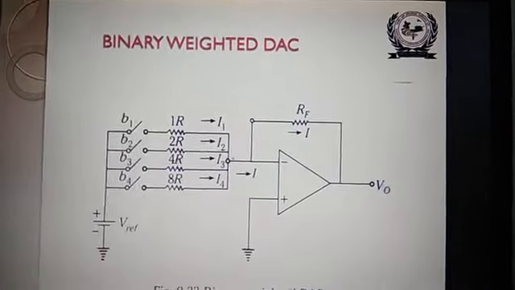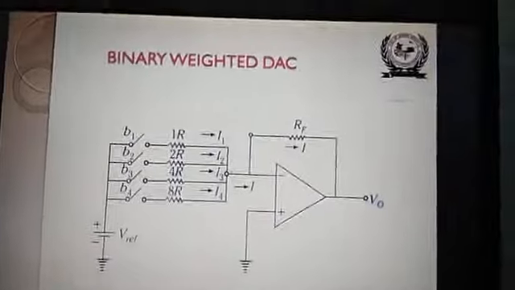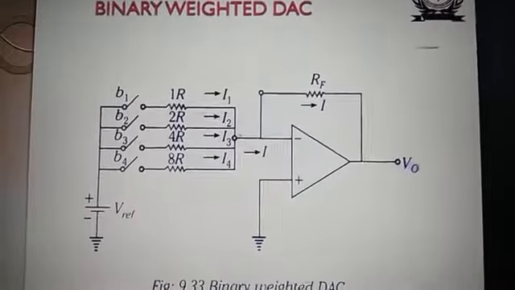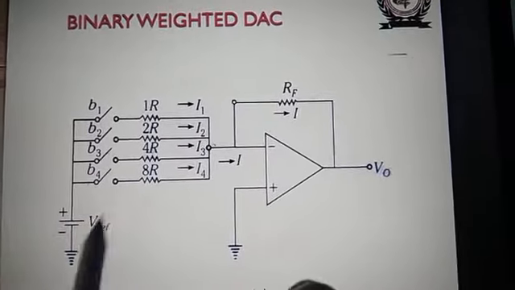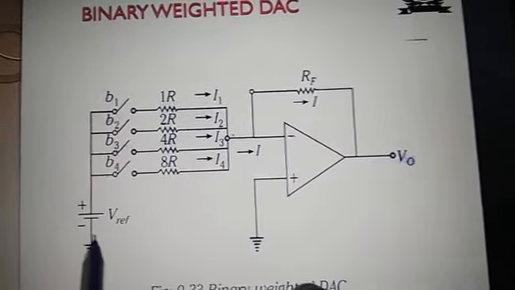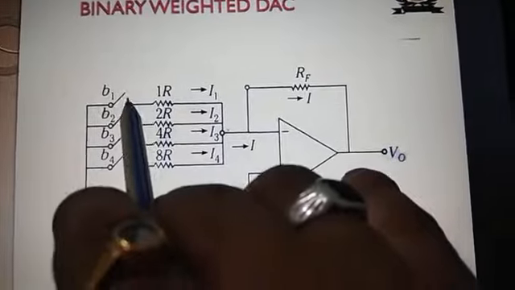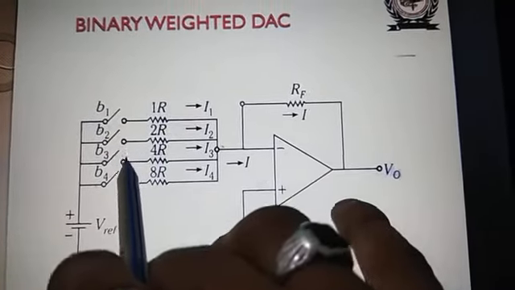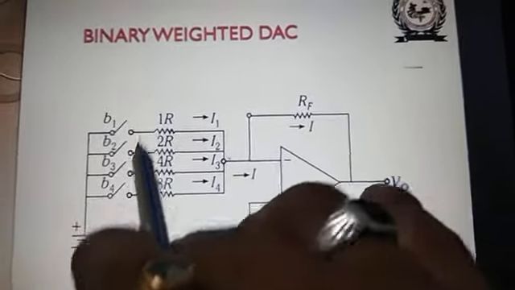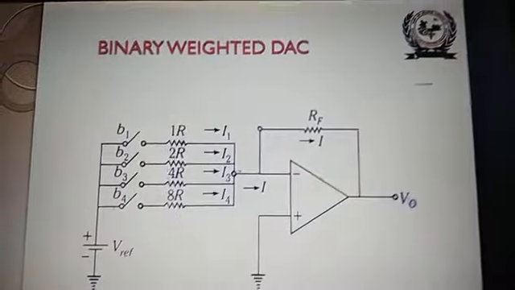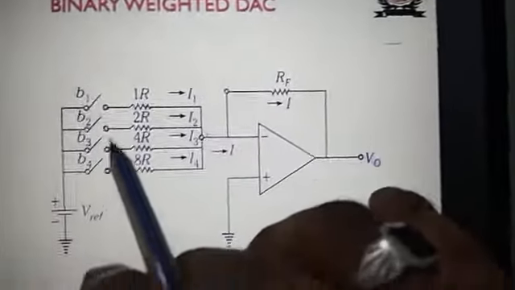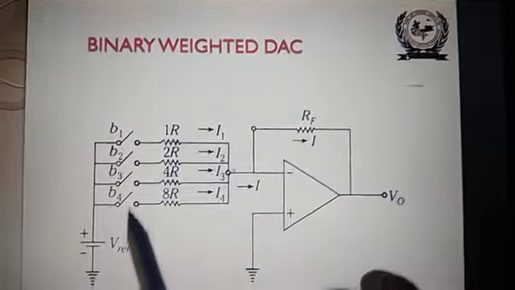You can see this circuit diagram for the binary weighted DAC. You can observe here, this is the reference voltage applied to these switches B1, B2, B3 and B4. These are the 4 inputs which will be given through the switches.